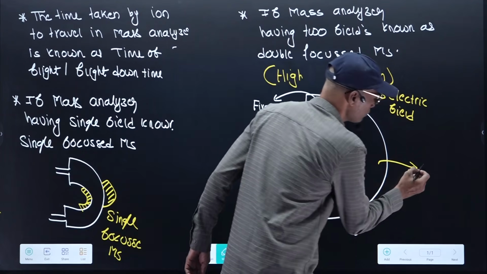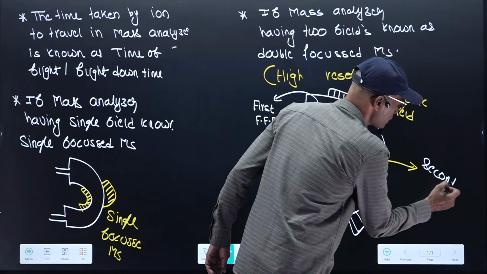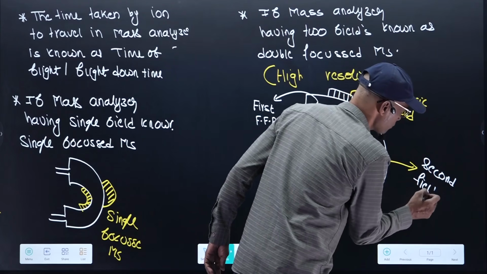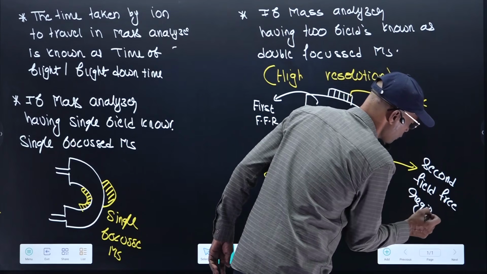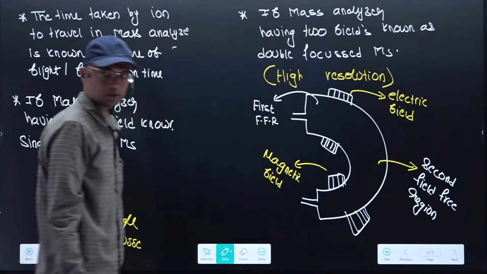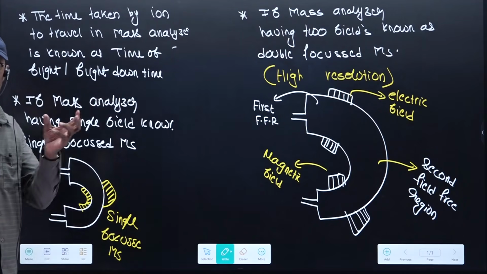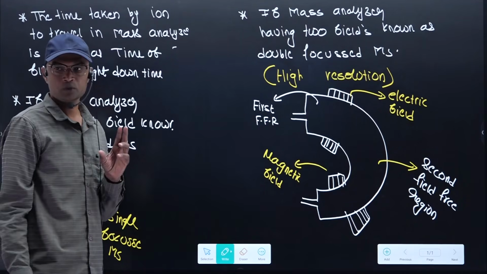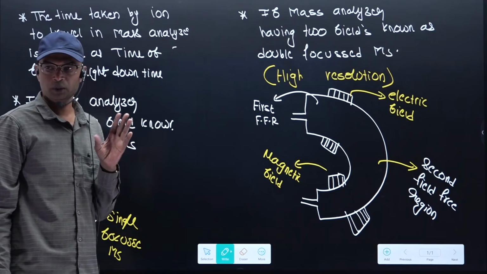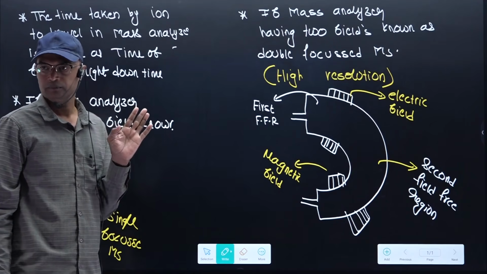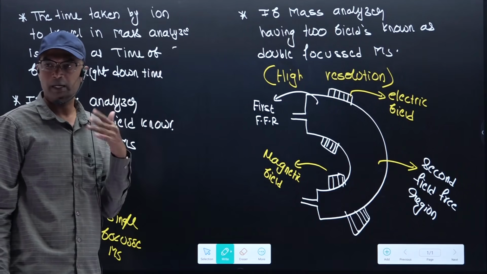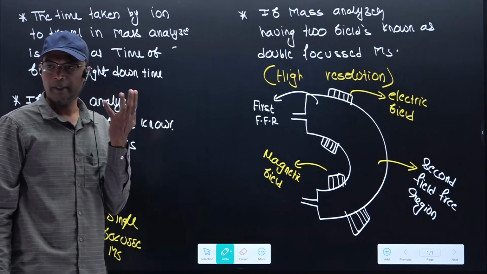That gap is called the second field free region. First field free region, second field free region. Like that, two fields are introduced. So what is the use of these two fields? You will get more separation of ions. The time of flight will differ, and when time of flight differs, we can identify the corresponding cation very easily.